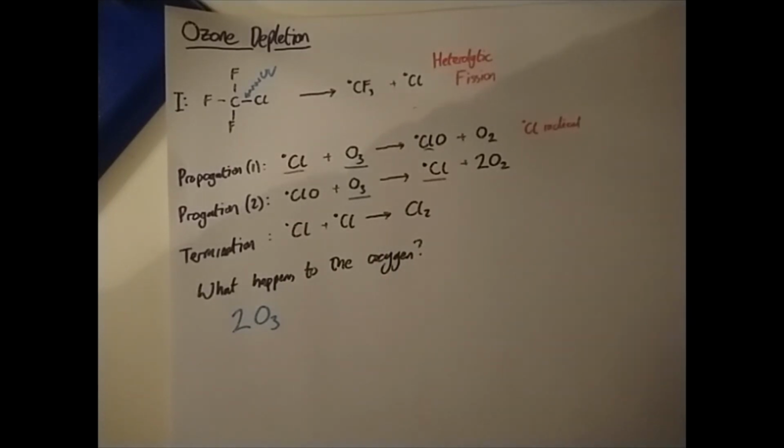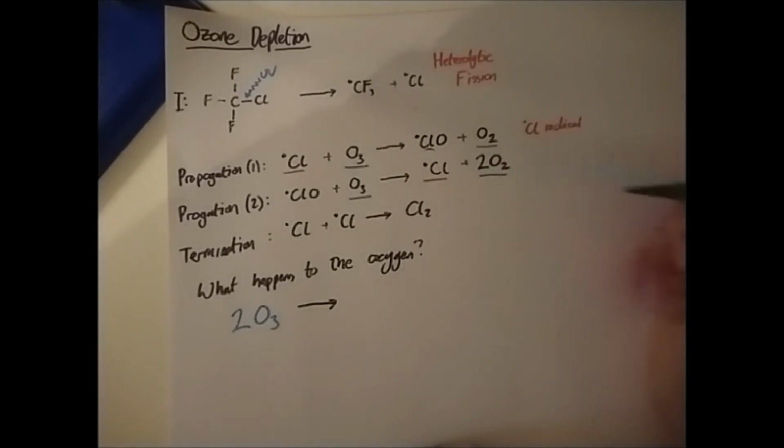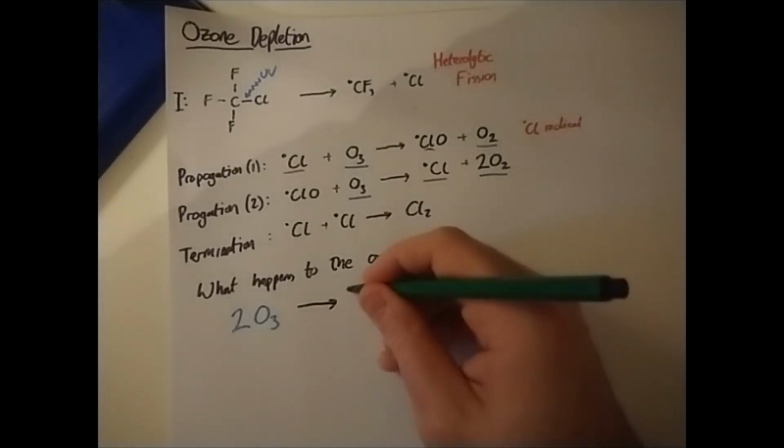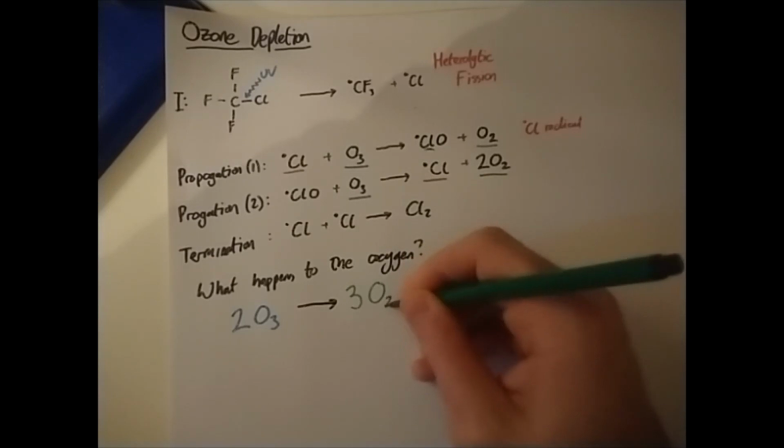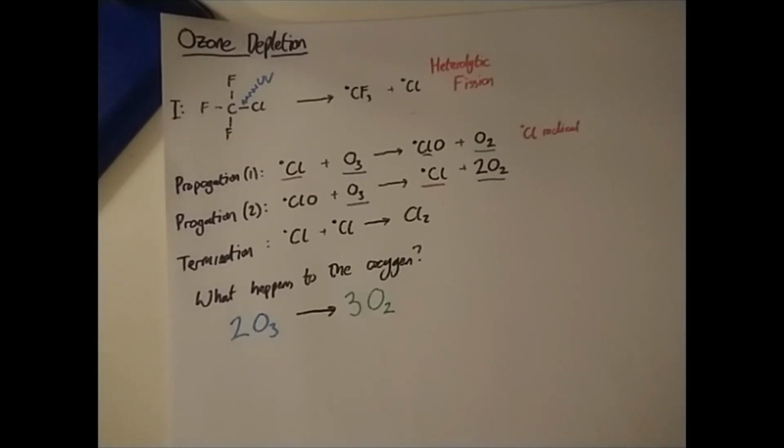And what's produced is going to be 1 O2 molecule in the first propagation step, 2 in the second propagation step. So 2 ozone molecules are going to be broken down into 3 O2 molecules by a single Cl radical. So a single Cl radical can quickly deplete the ozone layer by breaking down O3 molecules and producing O2 molecules. And it's a lot more difficult to make O3 molecules again.